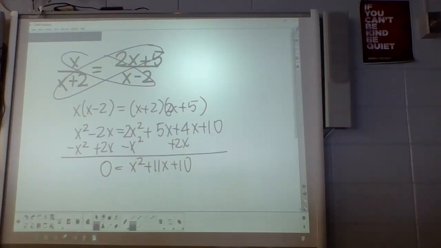If that was the whole test right there, I think that'd be good. So he foiled here. So that makes it a positive 4, so that'll be a 9x there. And that'll be a positive 10.